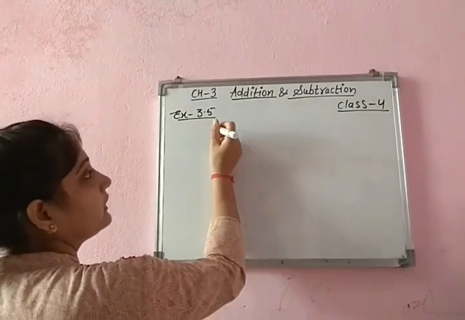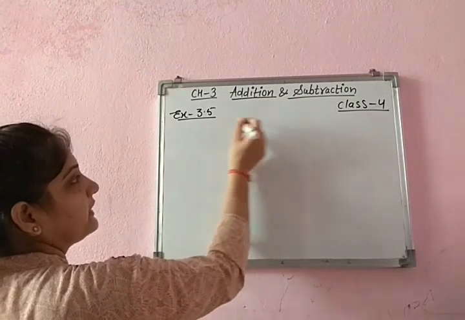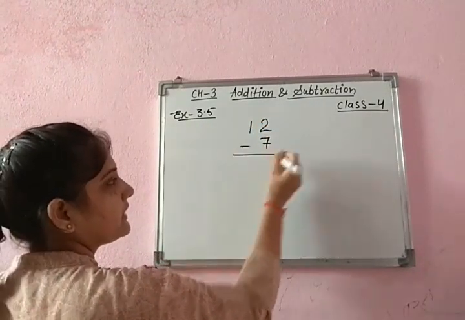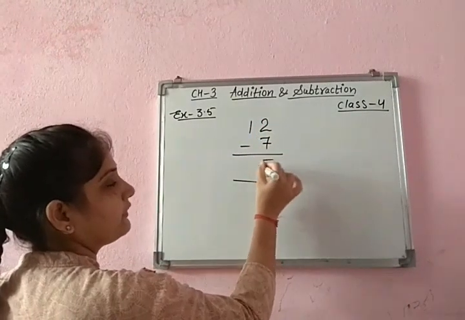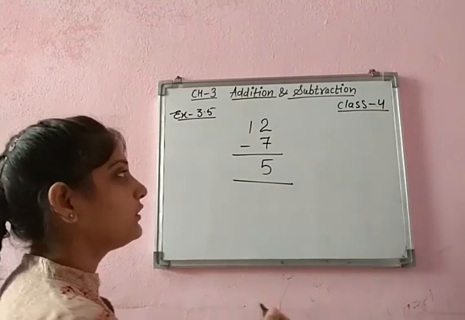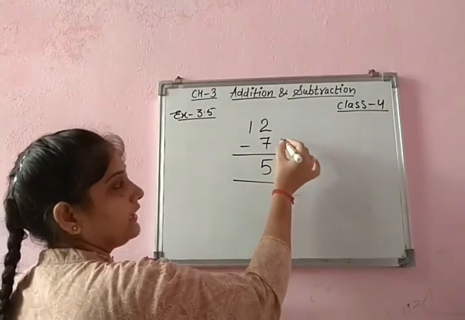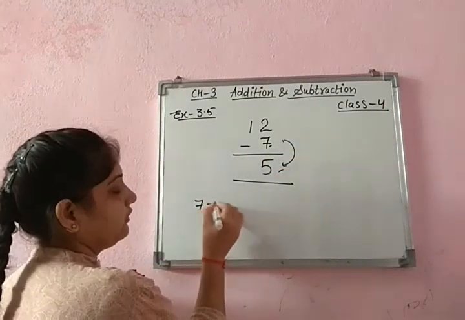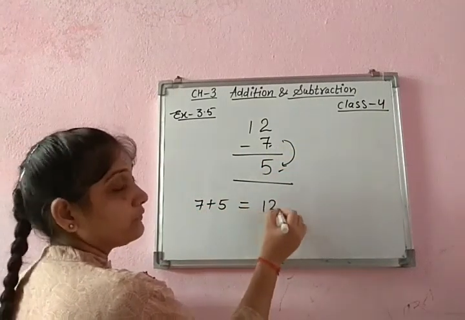So children, as I am writing here 12 minus 7, I am taking a simple example. It will give me 5, as I know 12 minus 7 is 5. Now check. If I add these two, 7 plus 5, what does it give me? 12.